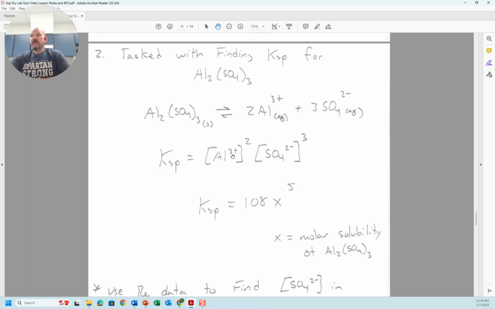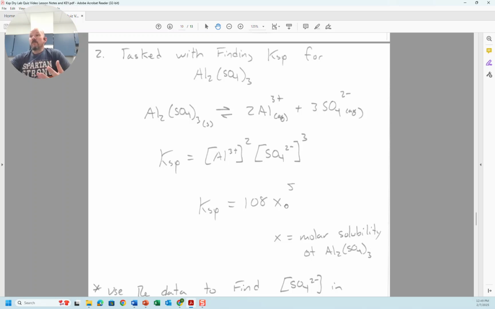Okay. The KSP expression would be KSP equals aluminum ions squared times sulfate ions cubed. And our KSP shortcut, where x is the molar solubility, would be KSP equals 108 x to the fifth. Okay? So if I can figure out these two concentrations, I can plug them in and solve for the KSP.